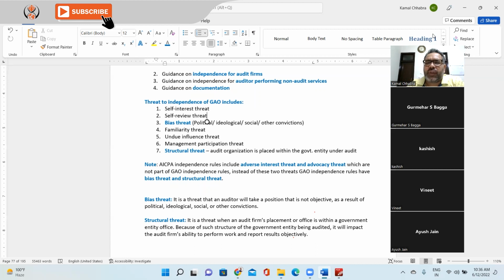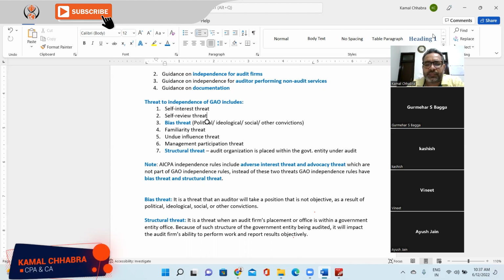For example, you have been given an office within the ONGC to perform your entire audit practice from that office, and you are paying a very nominal amount of rent, very much less than the market rate, right?